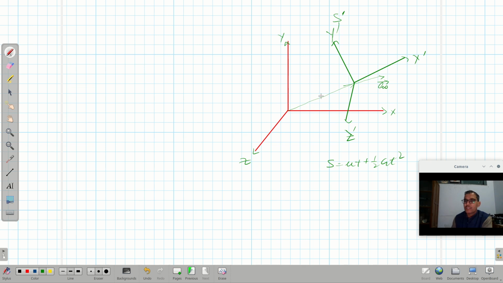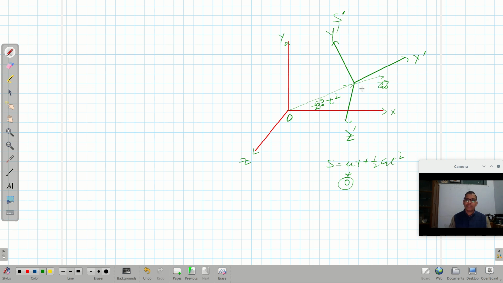Because initially both frames of reference are at rest, u is basically 0, and it is moving with uniform acceleration. So if it is a0, then this distance is half of a0 t square. This is the distance which this frame of reference has moved in time t, right?